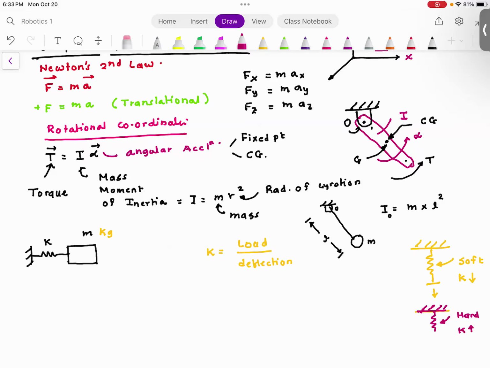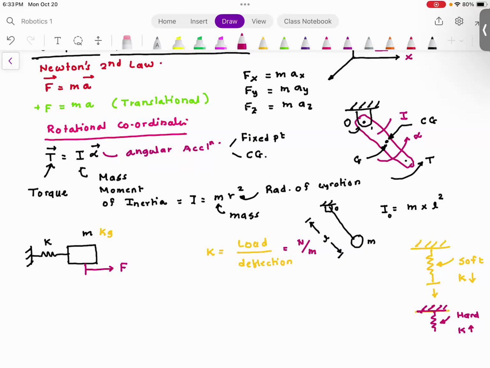So this is basically stiffer and lighter. You have a stiff spring or a non-stiff spring. Load divided by deflection is given in Newton per meter. Now what I'm going to do is apply a force. You agree with me?